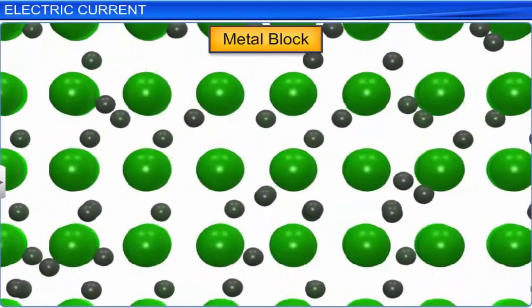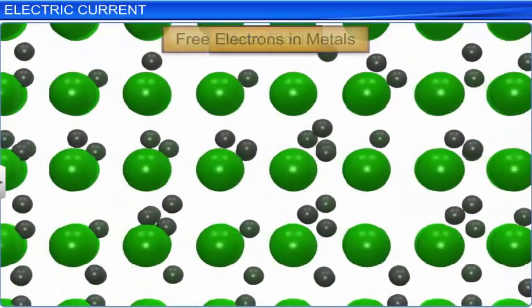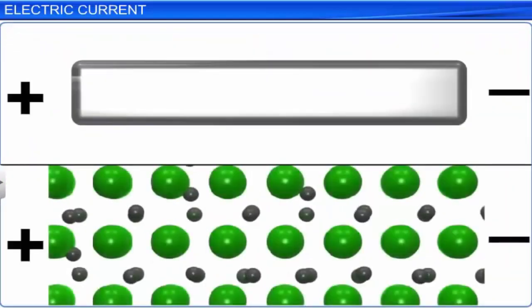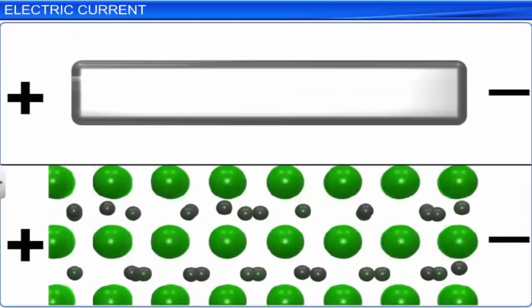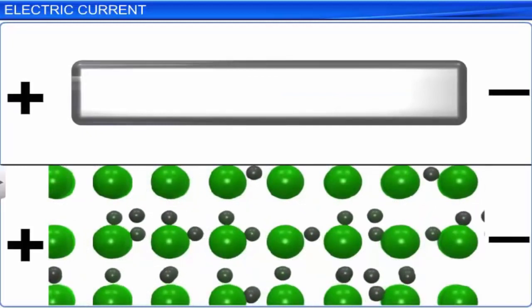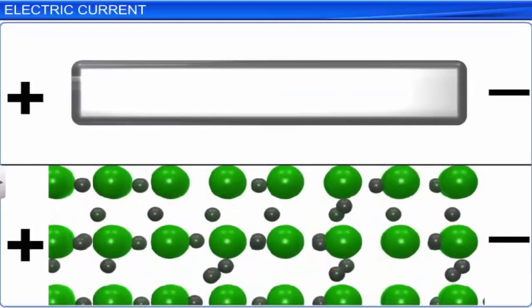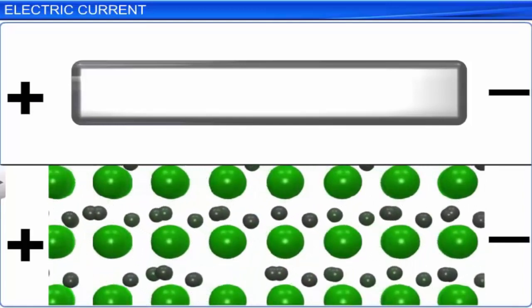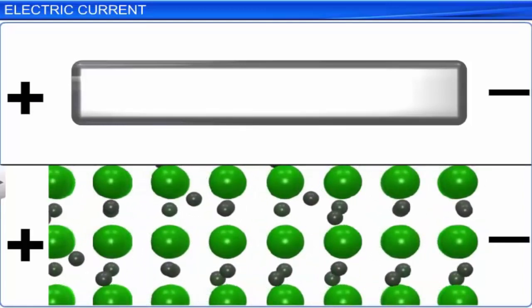These electrons are called free electrons. When an electric field is applied across metallic objects, an electric current develops in them due to the unidirectional flow of these free electrons. Therefore, metals are called conductors.